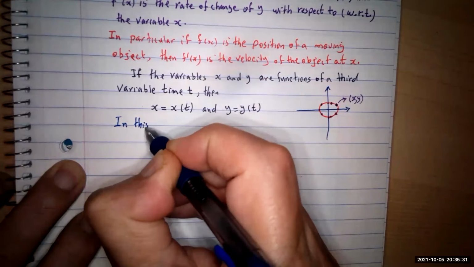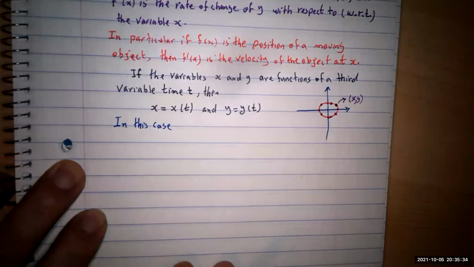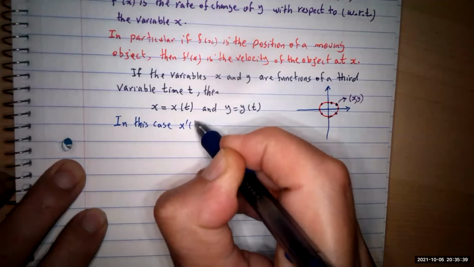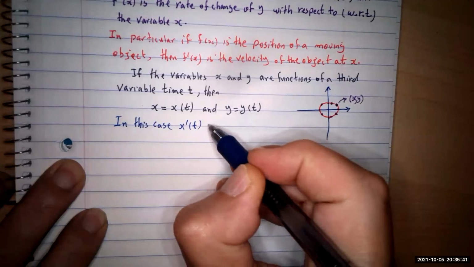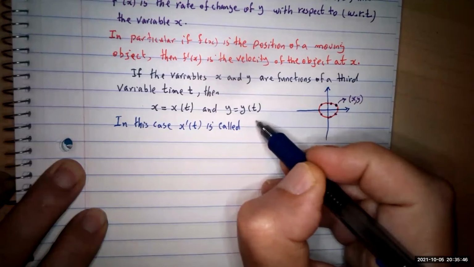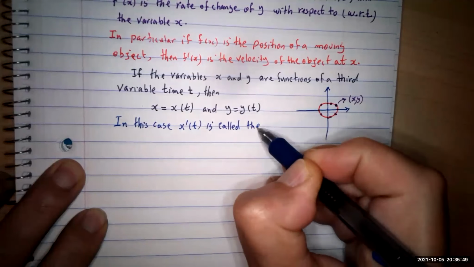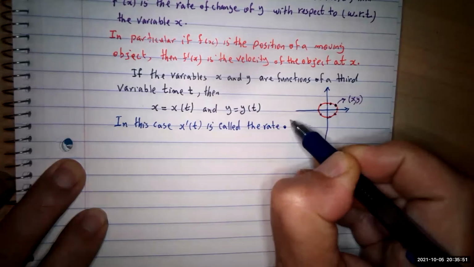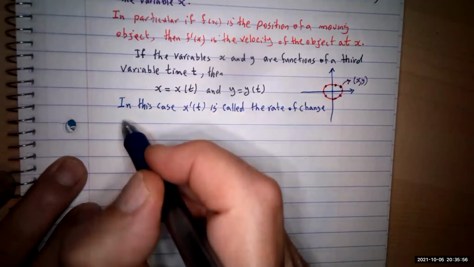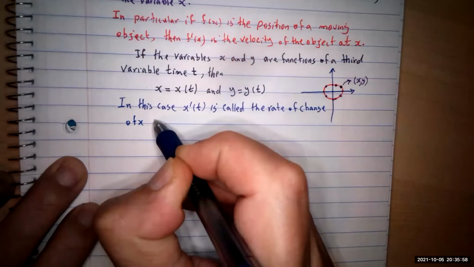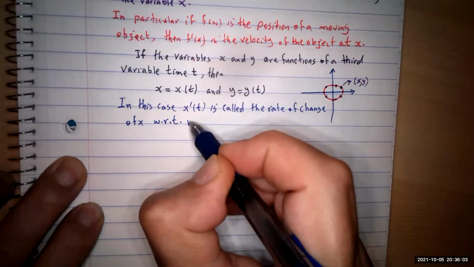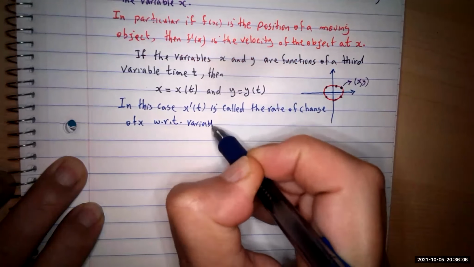We have x prime of t, the derivative with respect to t. What is it called? It's called the rate of change, or just the rate. The rate of change of x with respect to the variable t, the time t.